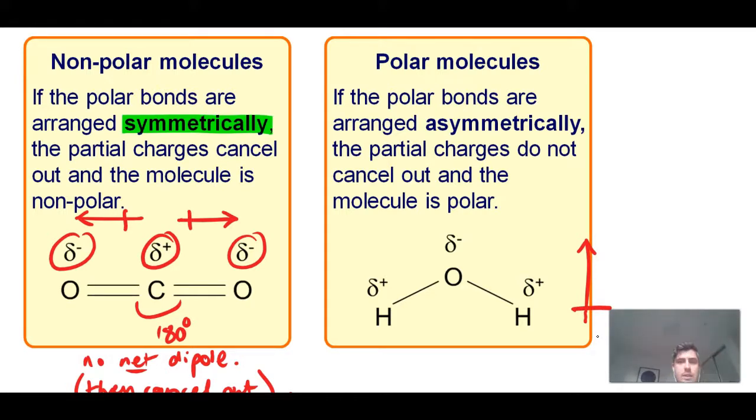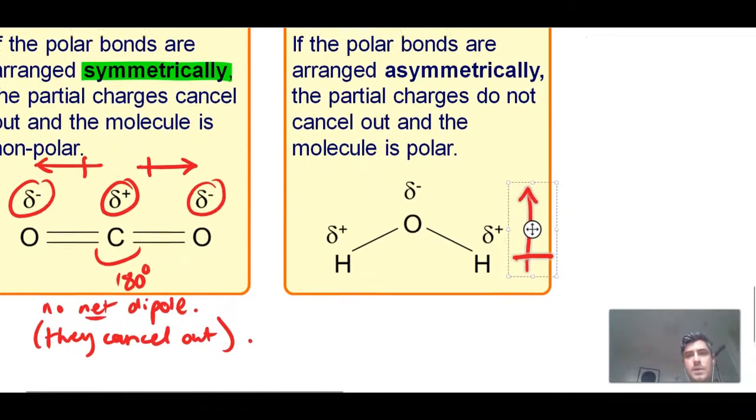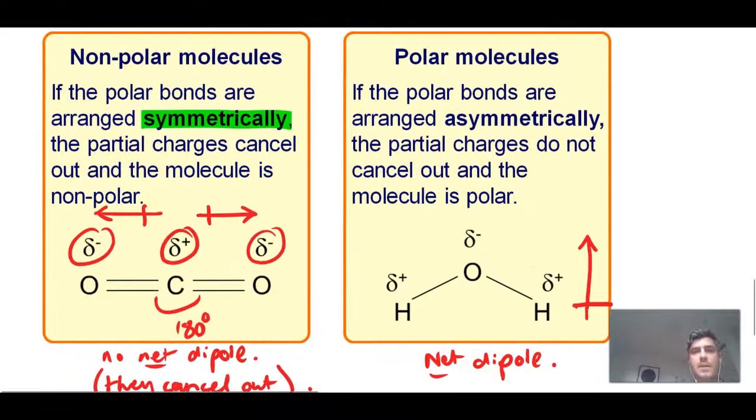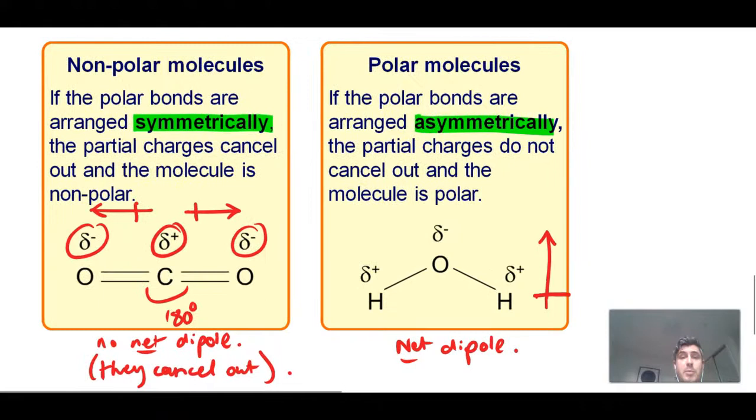And this is what we call a net dipole that arises because of the asymmetry. So there is a net dipole, and that means overall dipole. And that's because it is asymmetric this time. So symmetry is really important when you're looking at polar molecules. It might very well have a polar bond, like carbon dioxide, but it doesn't mean it's a polar molecule.